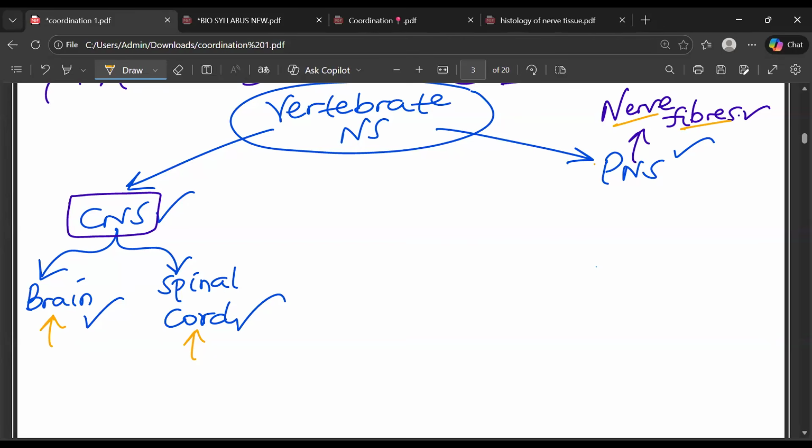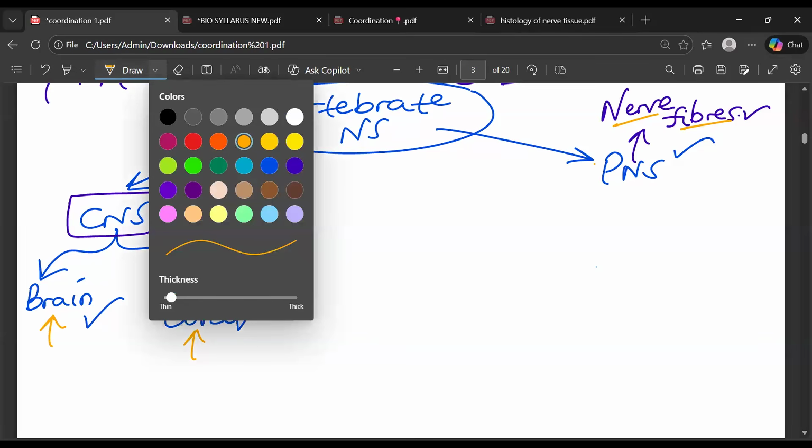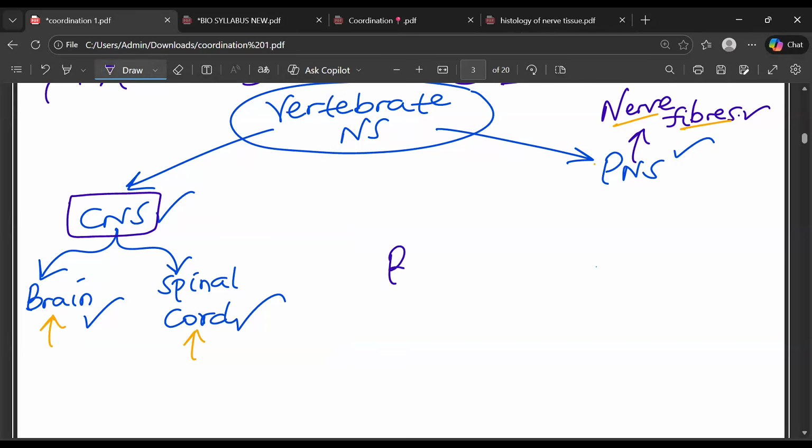Now, I want to pose a question. In most of the things we really see, especially to do with motion, I'm going to use motion. There are things that happen involuntarily and there are things that happen voluntarily. Are you following me? A case in point, let me give you an example of blinking. Blinking has muscles that really push it.